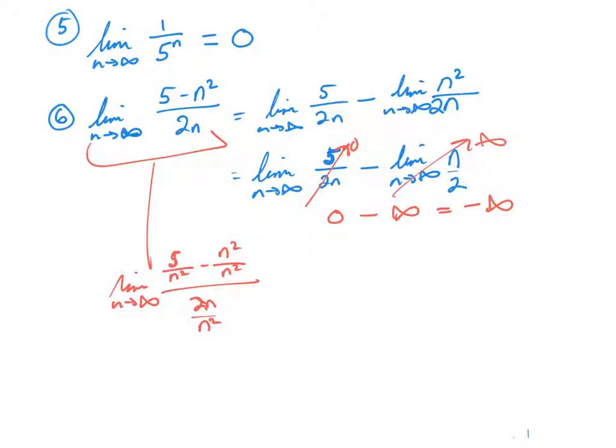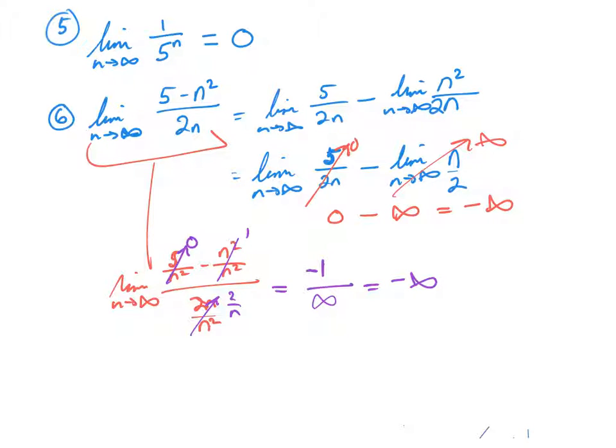If you look at this other example where we divided by n squared, it's the same thing. This is going to go to 0. This is just 1. And this is 2 over n. So I have 0 minus 1, or negative 1, over an infinite amount, so negative infinity.